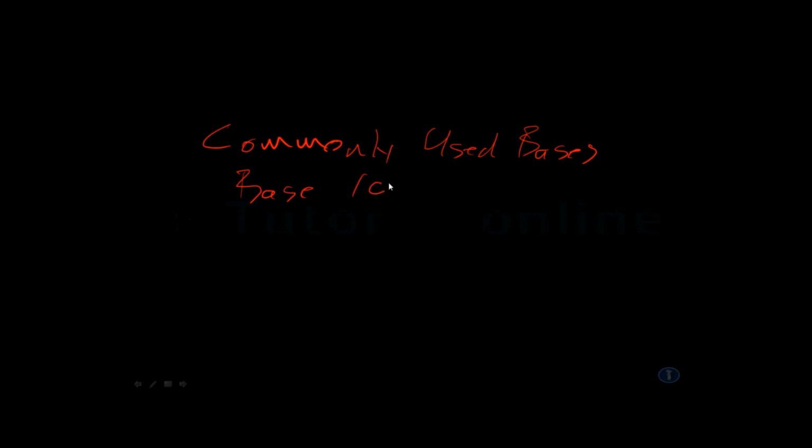There are some commonly used bases that we deal with in logarithm. The first one is the base of 10. The base of 10 is a very popular one. It's used in manual calculations, which are easy in the decimal number system if we use the base of 10.